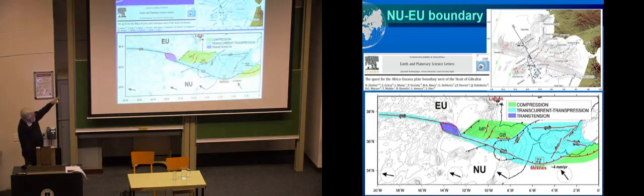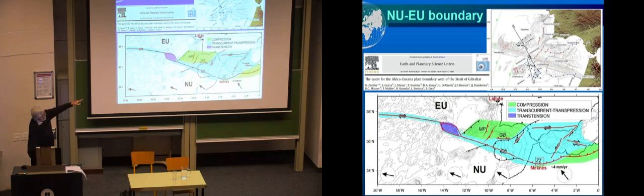So this is again, and quickly to go through this, the way that what we now call the Nubia plate is moving westwards relative to Eurasia along these strike-slip lineaments.